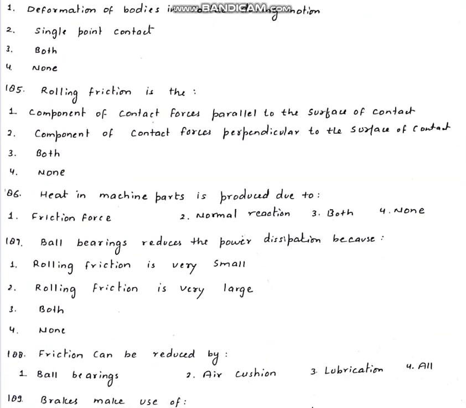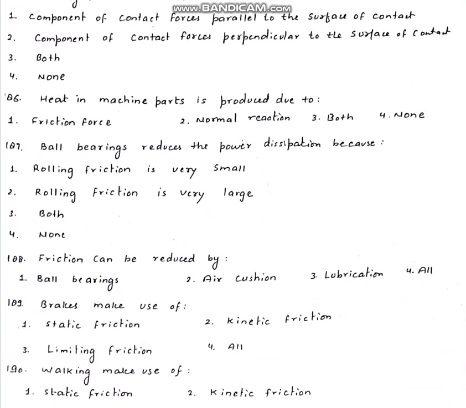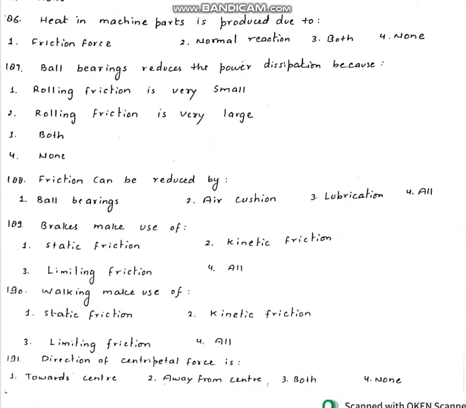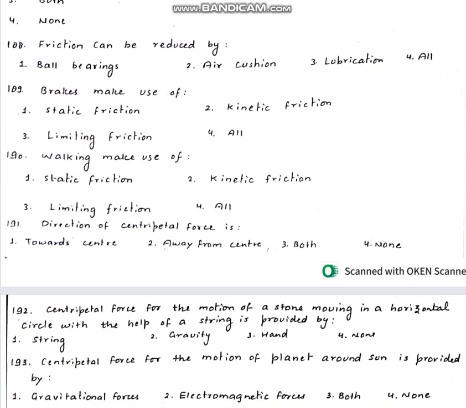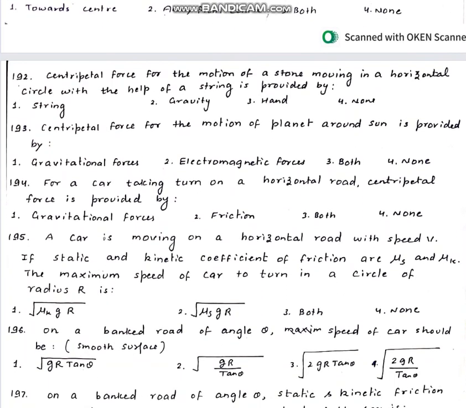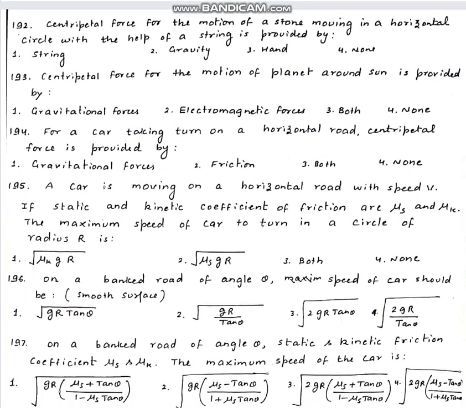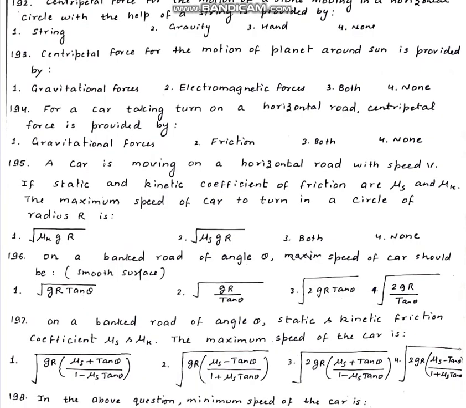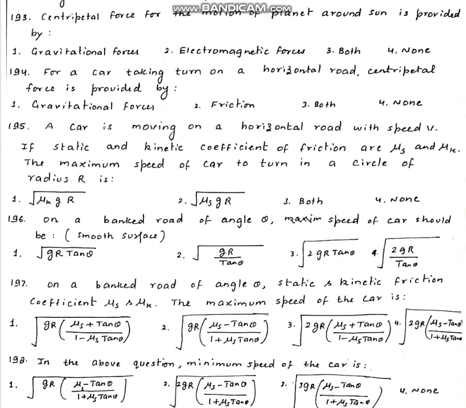Then there is the concept of ball bearings, how to reduce friction, use of brakes, then centripetal forces. Then there is the concept of moving on a horizontal road using friction.